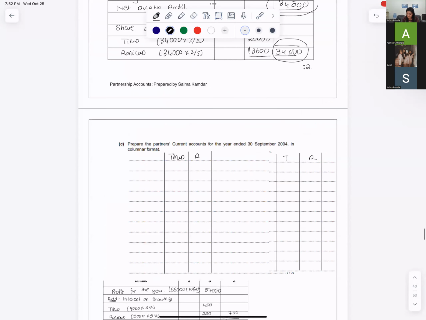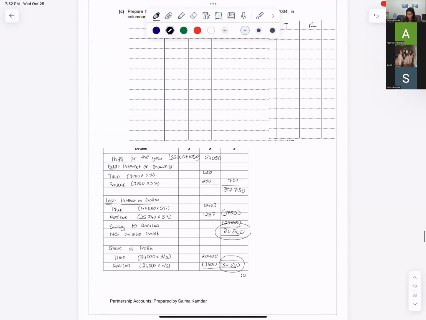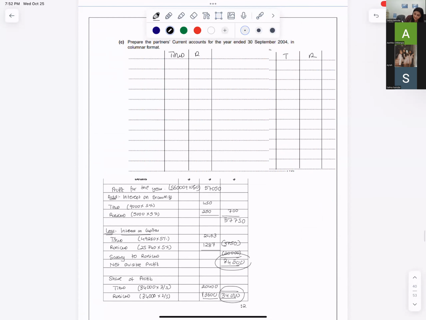So let's see. First, we can record what we have. Drawings comes on the debit side, and below that we have interest on drawings. Interest on drawings is 450 and 250.